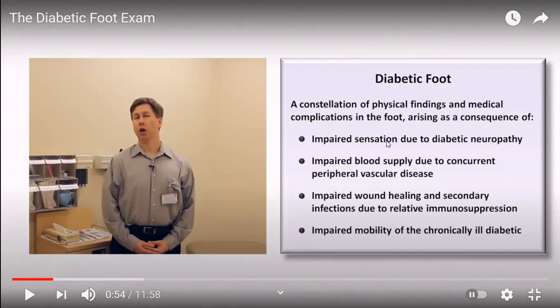So, impaired sensation. Your foot touches something too hot or too cold, but your foot does not understand that it is too cold or too hot because of the impairment of sensation. And if your foot or hand touches something too cold or too hot and you do not understand this, your local tissue will be damaged.